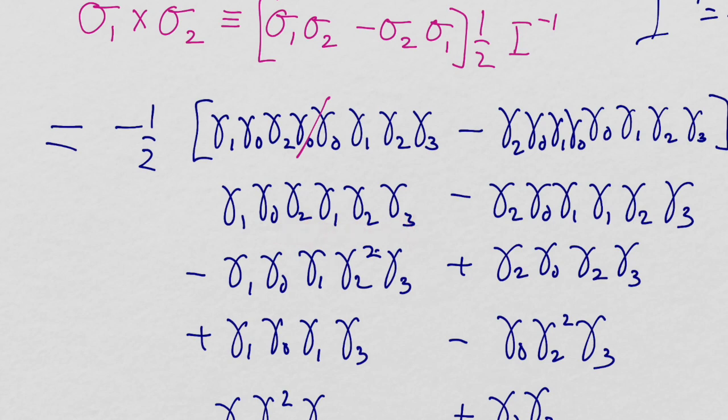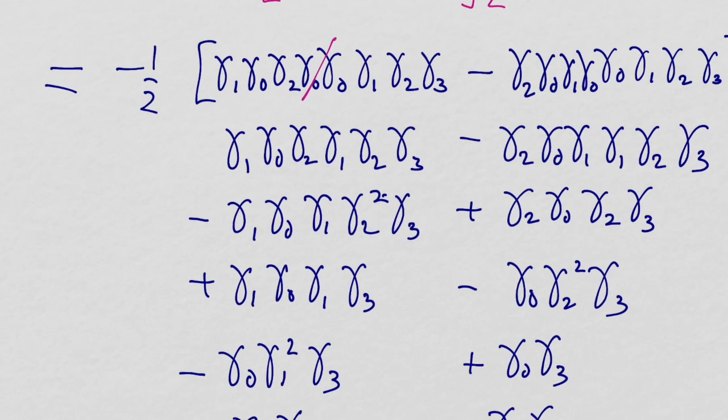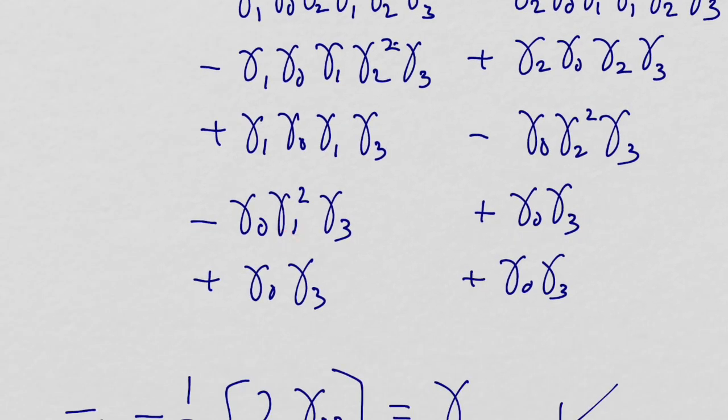And then the idea is we anti-commute this 2 and the 1, so you end up with this 2 squared. That anti-commutation introduces this sign. The sign goes away because when you square gamma 2, you get -1, so you're left with gamma 1, gamma 0, gamma 1, gamma 3. And then you commute this one, pick up a minus sign, you get gamma 1 squared, which is another -1. So you get plus gamma 0, 3.